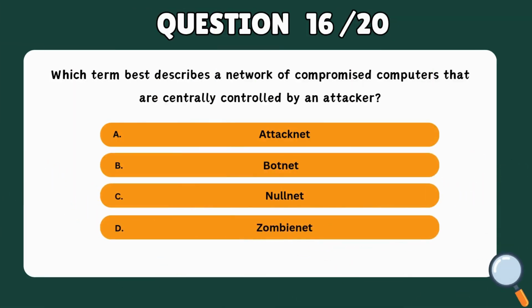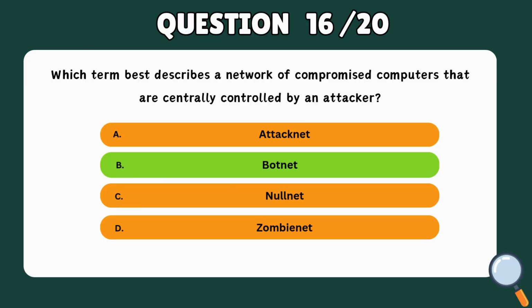Question 16. Which term best describes a network of compromised computers that are centrally controlled by an attacker? A. Attack net. B. Botnet. C. Null net. D. Zombie net. Correct answer.